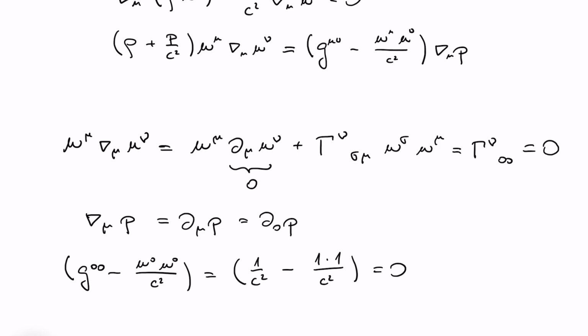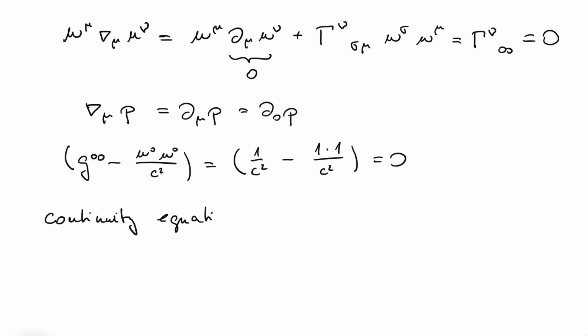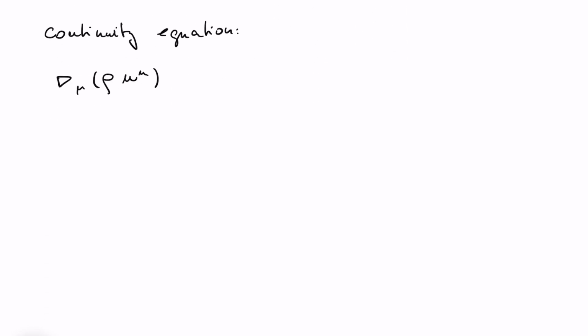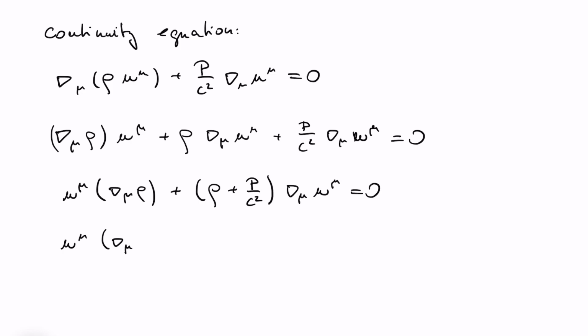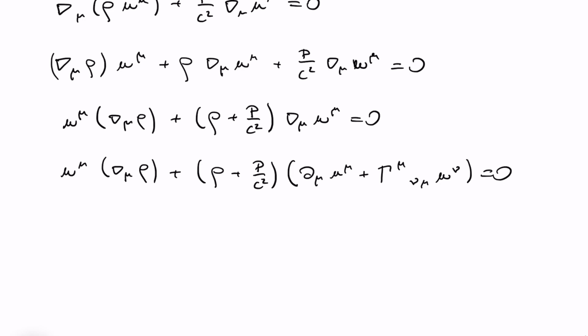Now let us turn back to the continuity equation. We write out the covariant derivatives. Since rho is scalar, in the first term we can replace the covariant derivative with the normal derivative, and since it is multiplied with u mu, it only includes the zeroth component, which is the time derivative.